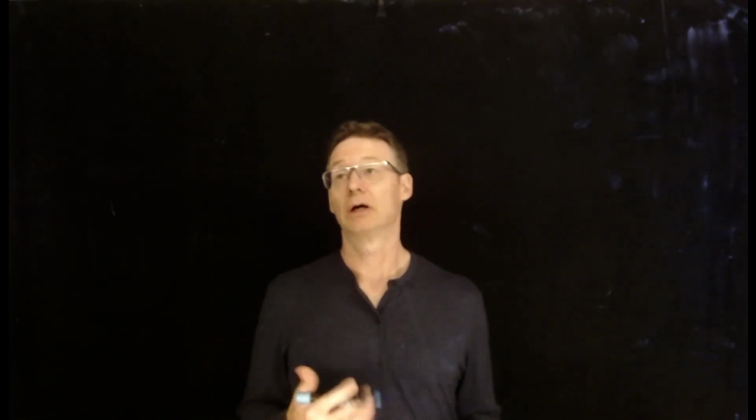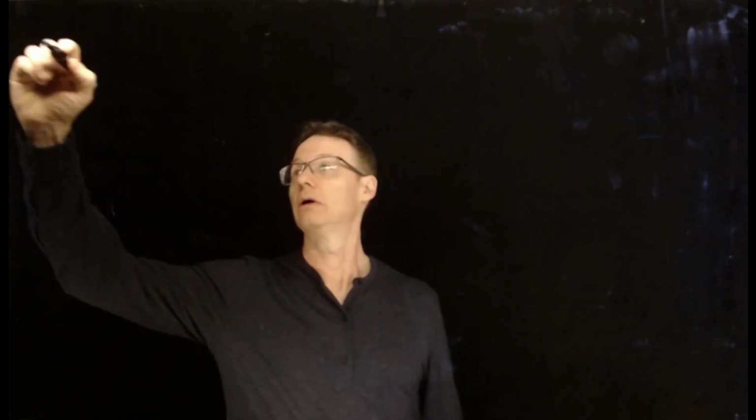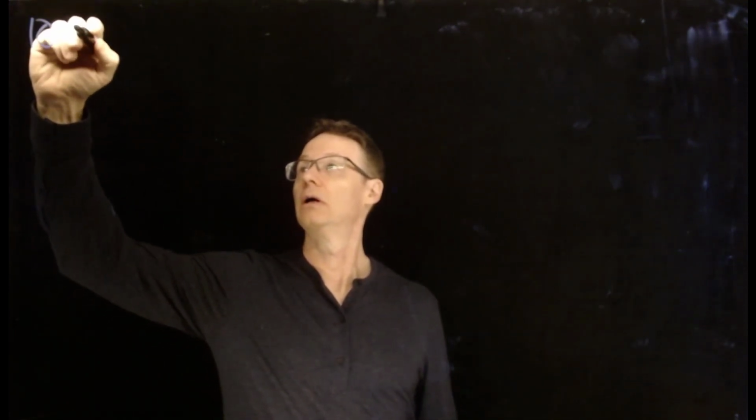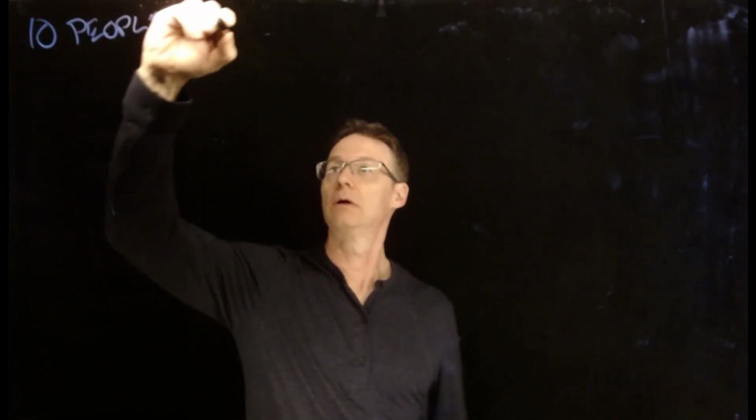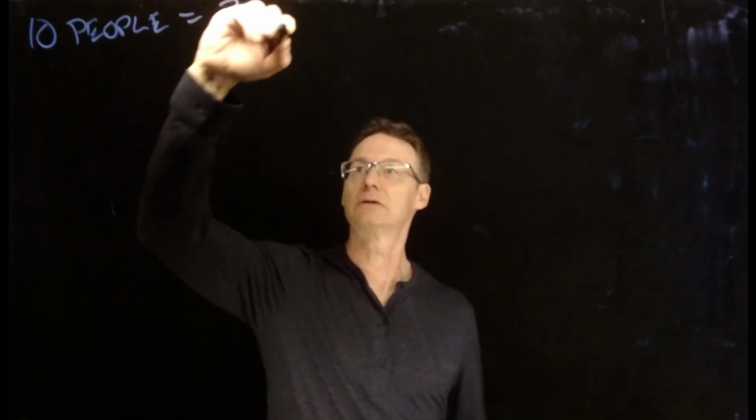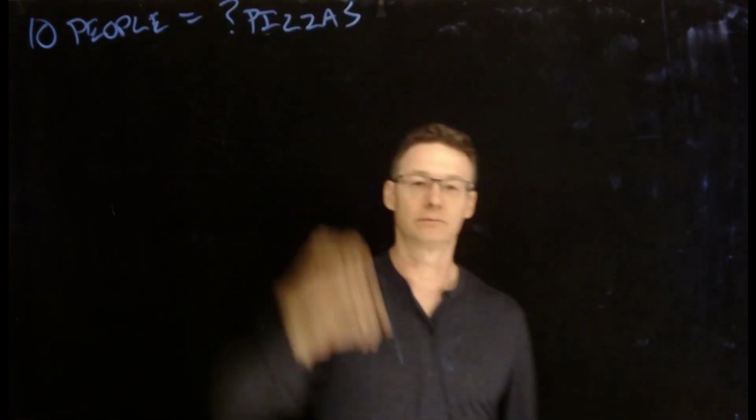All right, let's take a look at a two-step conversion, and we're just going to extend our pizza analogy because, why not? Pizza is awesome. So what if we wanted to know, if we have 10 people, how many pizzas do we need to order?